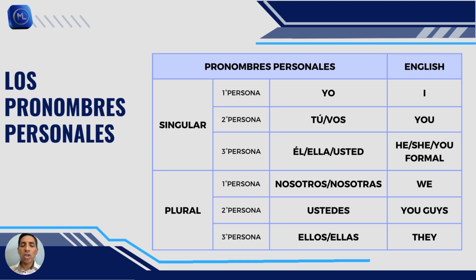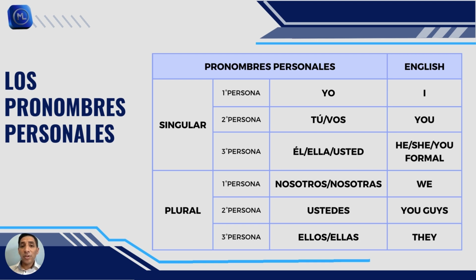So that's going to change according to where you are, but generally, as a foreigner, nobody's going to have an issue if you address them as tú or vos, right? But for example, if you're dealing with authorities like the police, you should call them usted instead of tú.